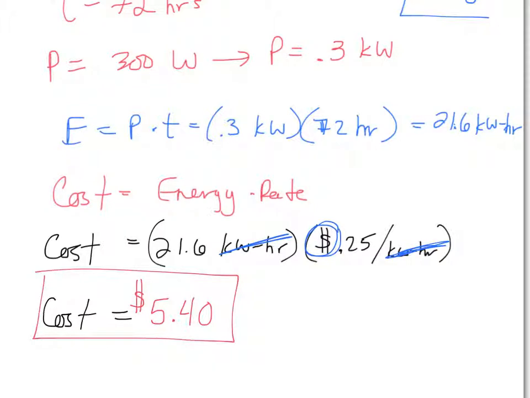Okay, so think about this, realistically, a light bulb uses very, very little energy, especially relative to something like a TV or a fridge or an air conditioner. So when you're leaving things running for a long time, especially major appliances, for days at a time, your bill is going to go up a lot.